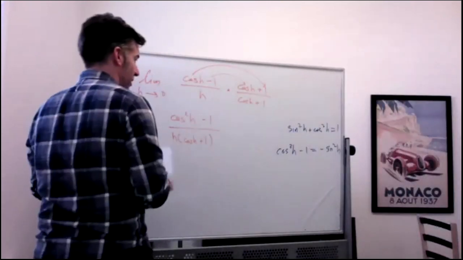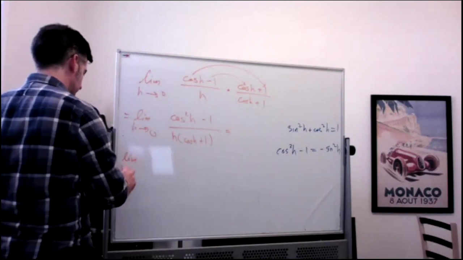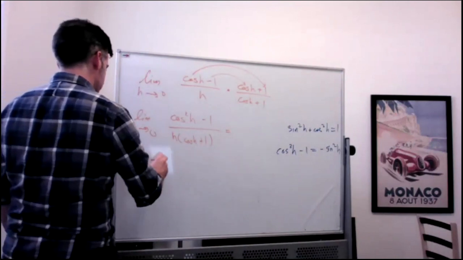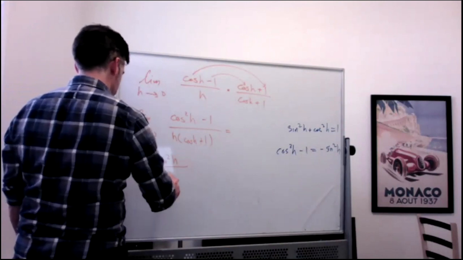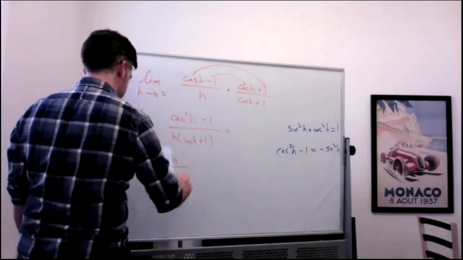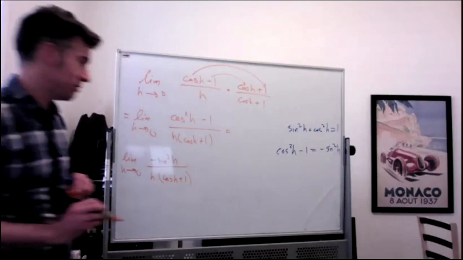So then I'm going to rewrite this as the limit as h goes to 0 of negative sine squared h over h times cosine of h plus 1. And then I'm going to break this up into two very convenient fractions.